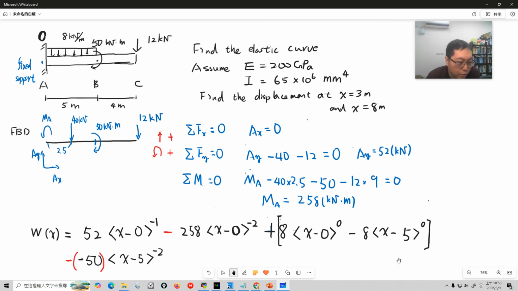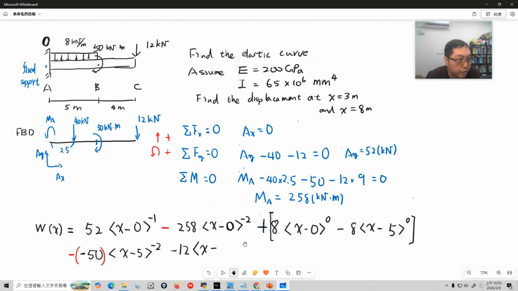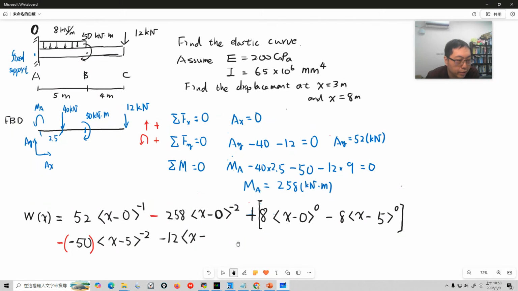The final one is the localized, or concentrated, loading at the end. It points down, so it's negative, at position equal to 9, and its power should be minus 1.